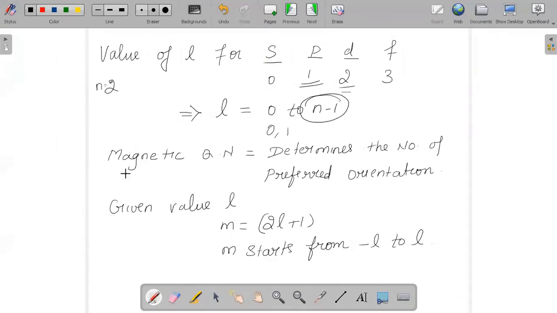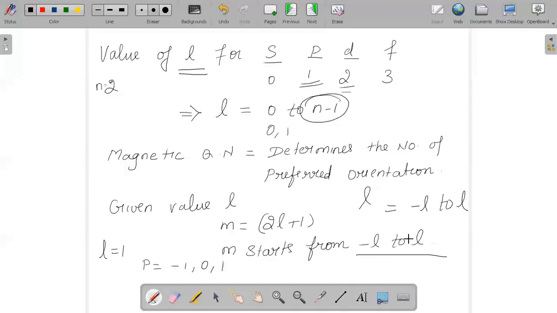We should know that your magnetic quantum number is related to the azimuthal quantum number with a relation: whatever is the value of L, you have to take it as minus L to L. So if I give L equal to 1, then ml will be equal to minus L to L, that is minus 1, 0 and 1.